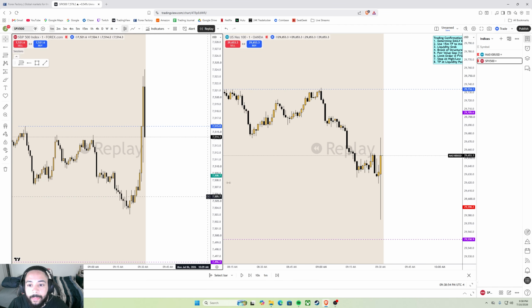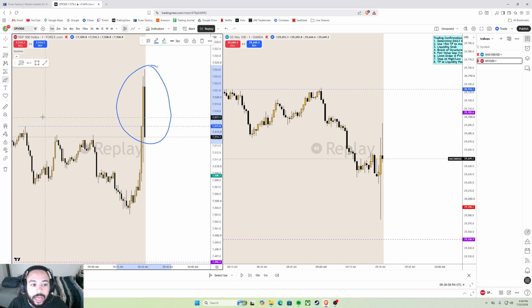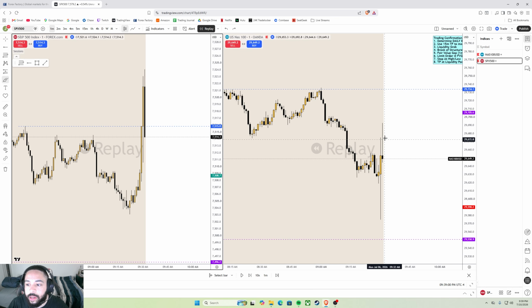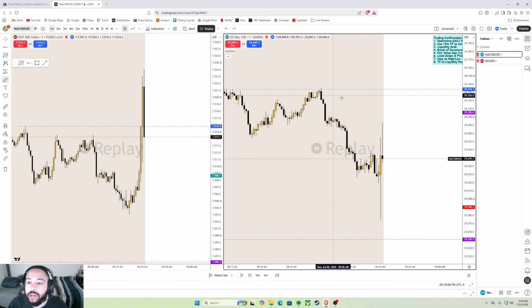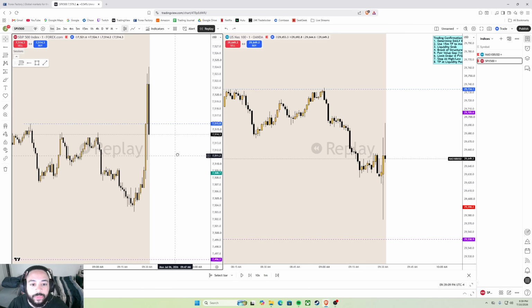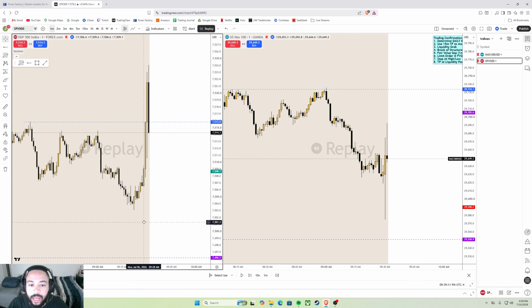On top of that, if you notice here, the S&P attacked the buy side liquidity, whereas the NAS didn't, because this is still intact. Of course, it was targeted here, but we wanted to make the high of the day, and the S&P did it, whereas the NAS has not.